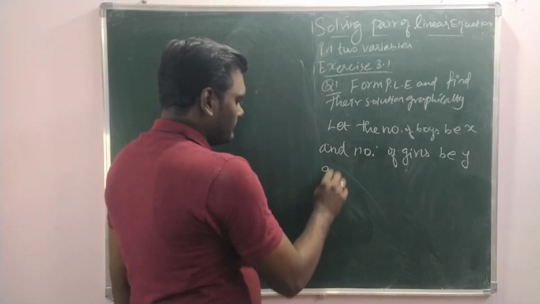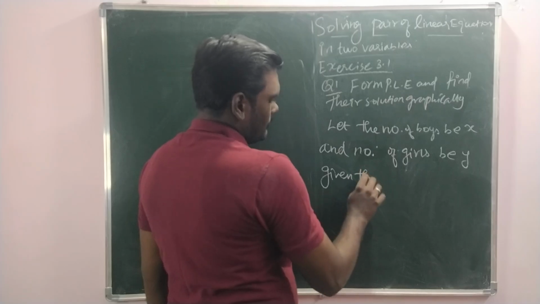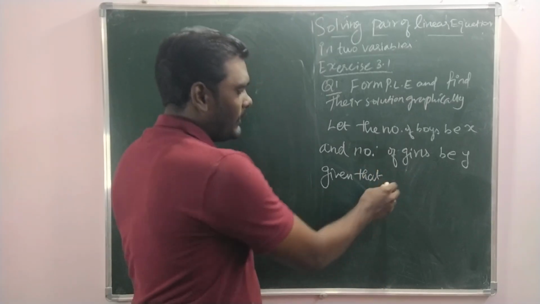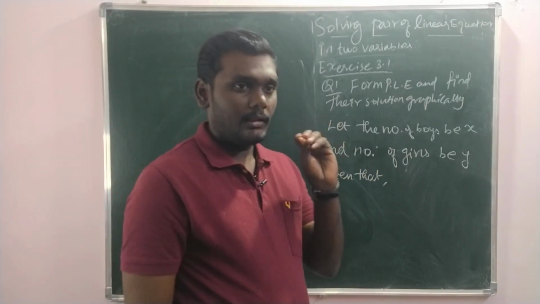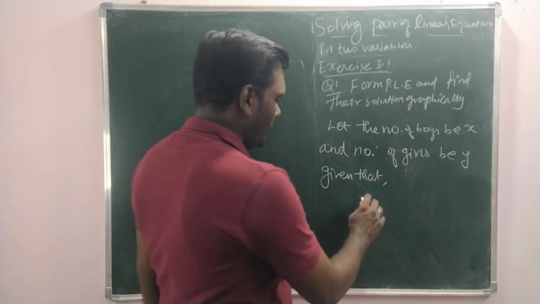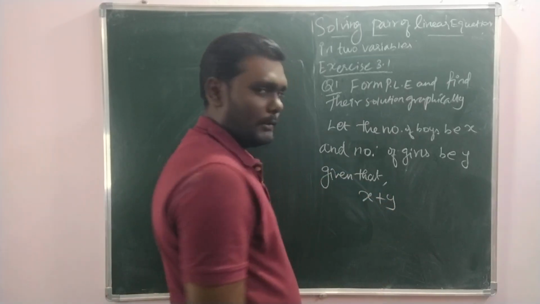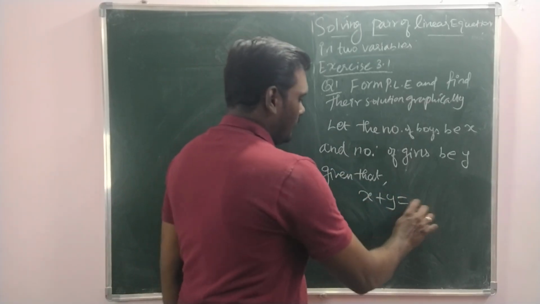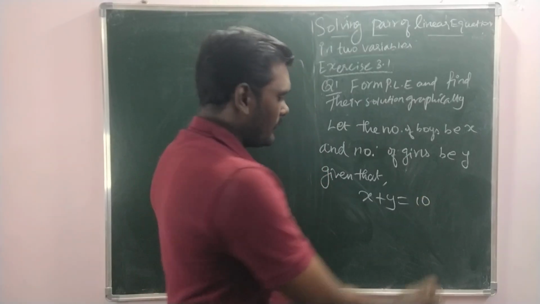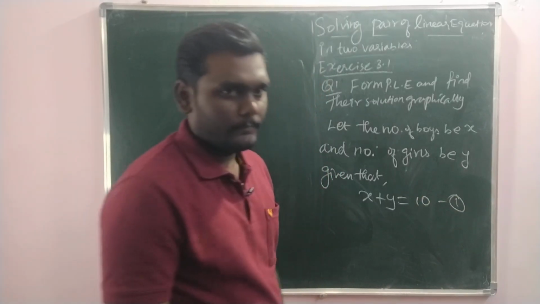It is given that totally how many students? 10 students. So number of boys plus number of girls equals 10. It's the first condition, first equation.